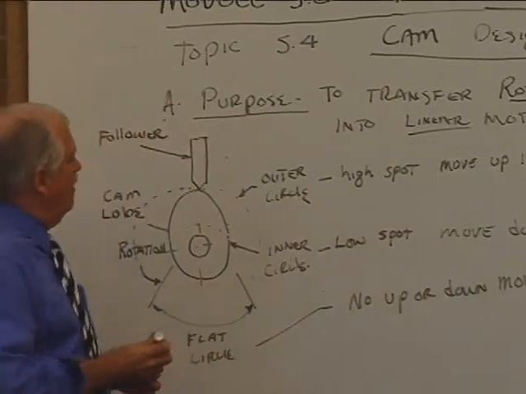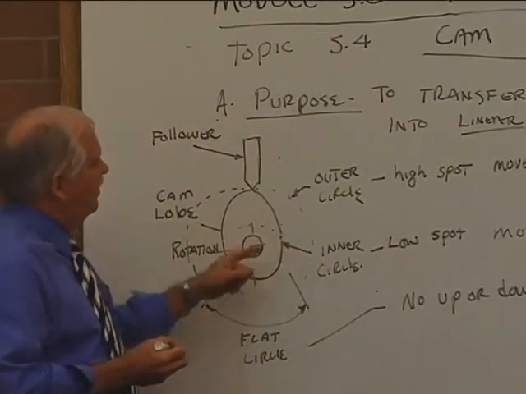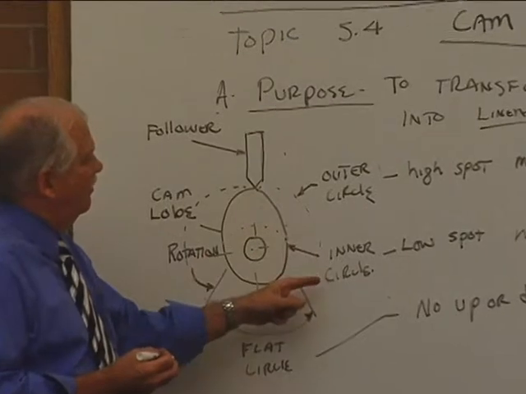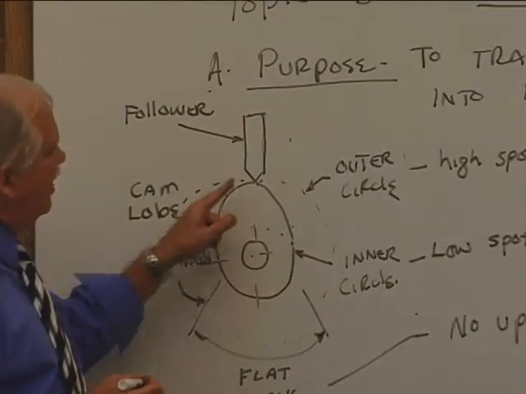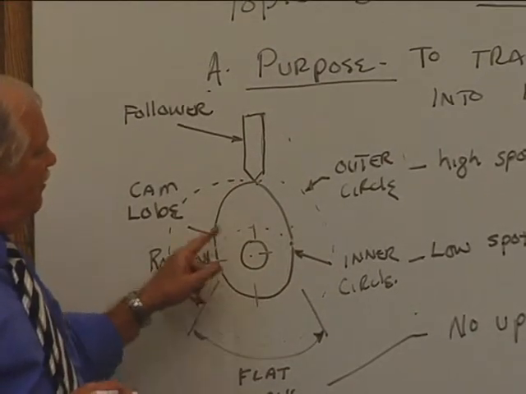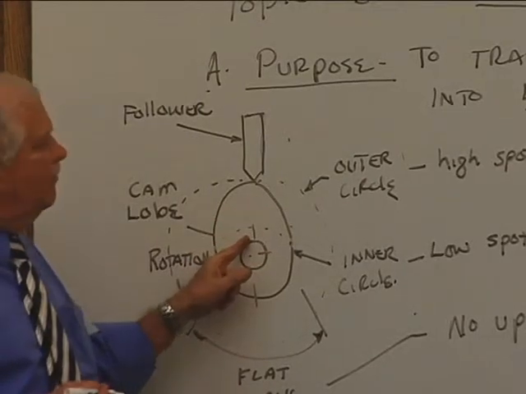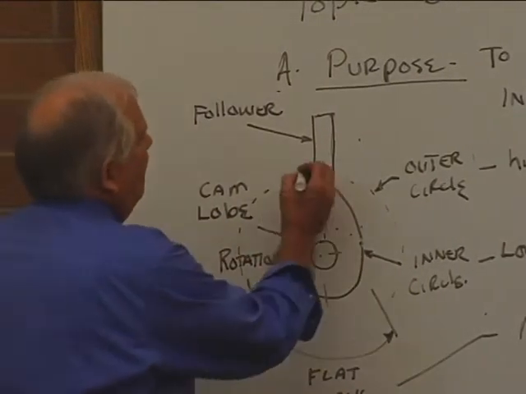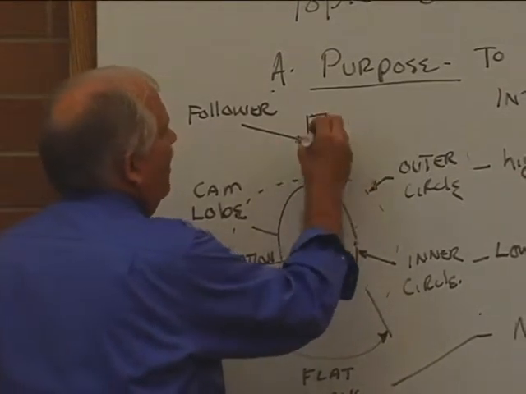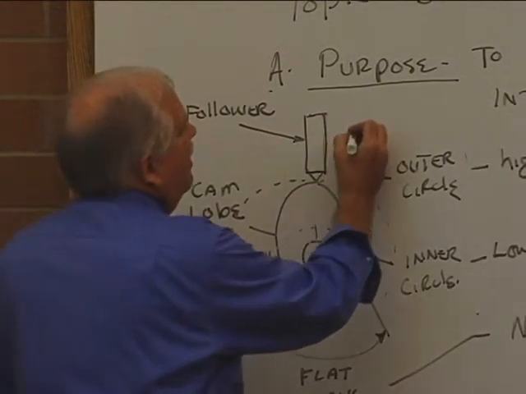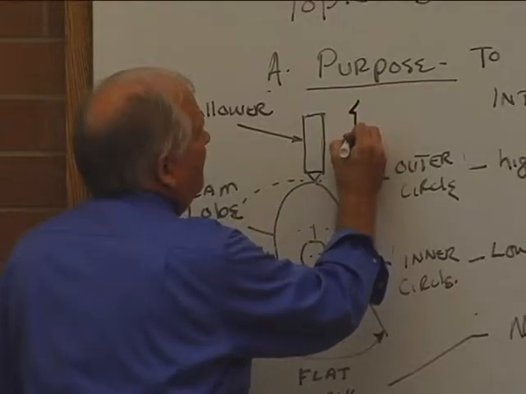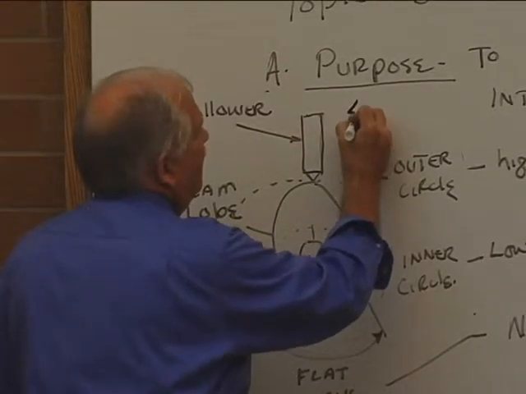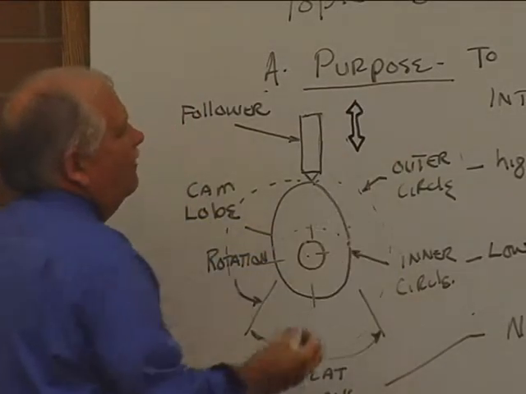And to do that, we have two basic circles, an outer circle and an inner circle, and the shape of the cam transfers from the inner circle to the outer circle. As this cam rotates around, there is a follower that follows the motion. And that follower, as it touches the circumference of the cam, moves up and down.